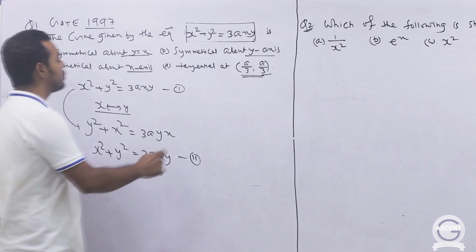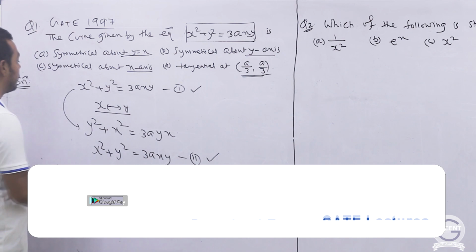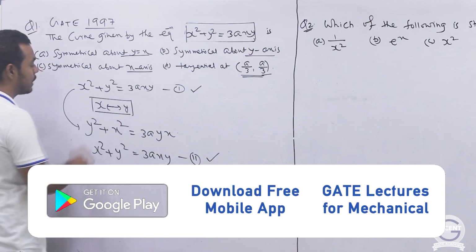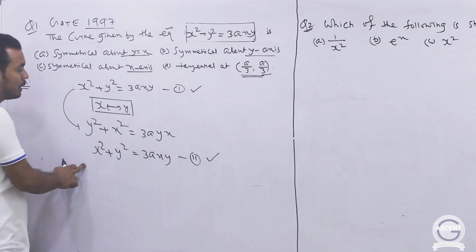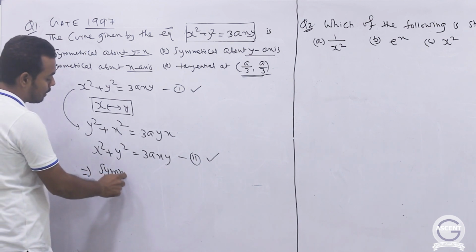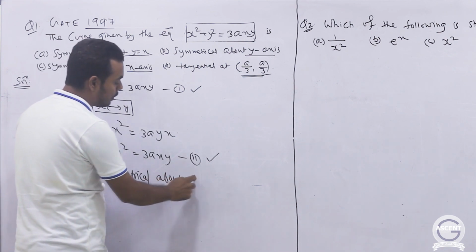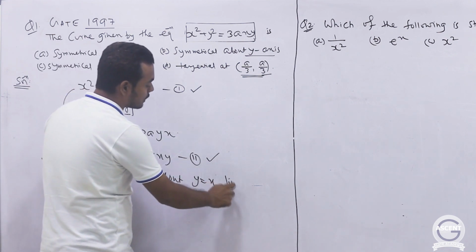You can see that these two equations are identical, exactly the same equation. So even if we interchange x and y, we are getting the same equation, which implies that this function is symmetrical about the y equals x line.